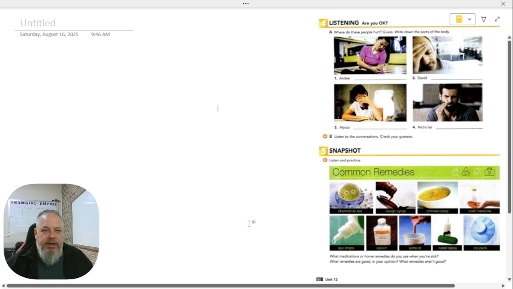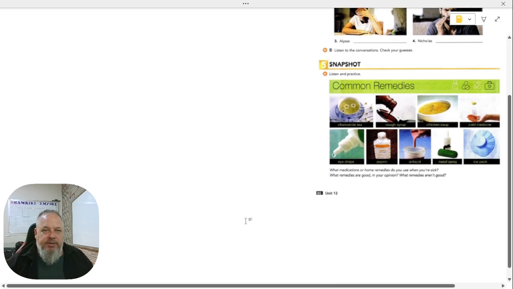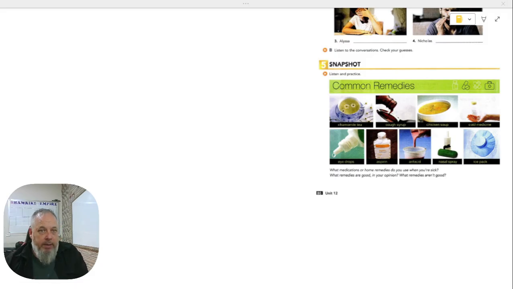We checked that together and we stopped here for the snapshot: home remedies, or common remedies. If you look, there are some pictures here. Let's look at the pictures first. These are the remedies that we use for colds and sickness, the different medicines that we use. All right. So let's listen.